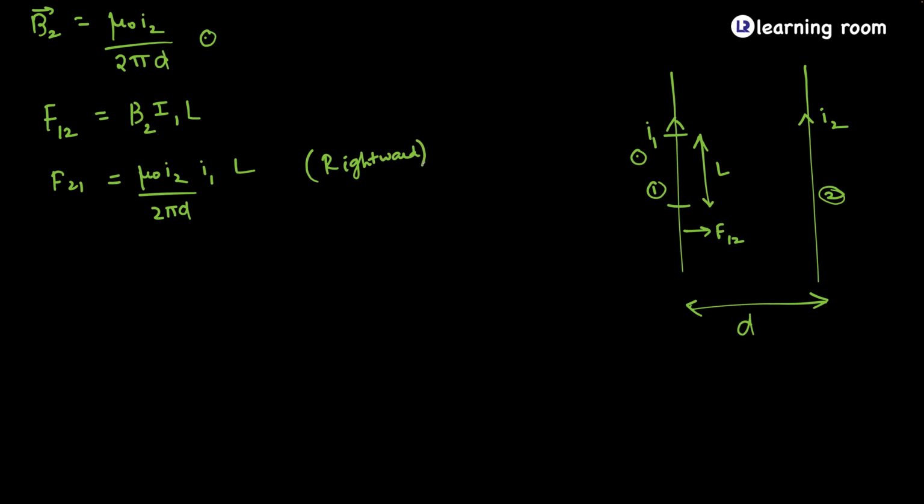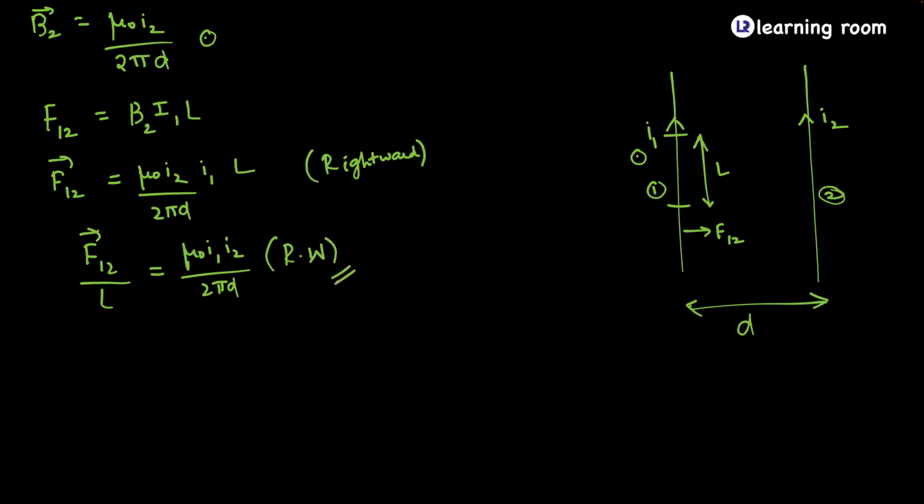Sorry, correction, here it is F12. So the force experienced by the first conductor due to the magnetic field from the second is mu naught I2 I1 into L divided by 2 pi D. I'll bring the L to the left hand side, and it becomes the force per unit length, which is equal to mu naught times I1 I2 divided by 2 pi D, in the rightward direction.